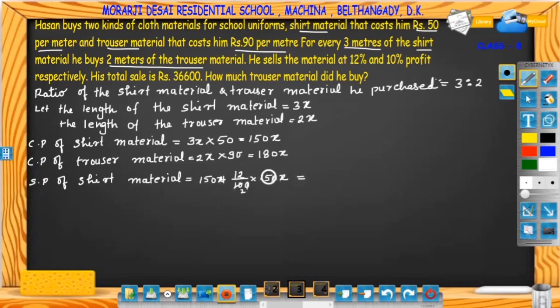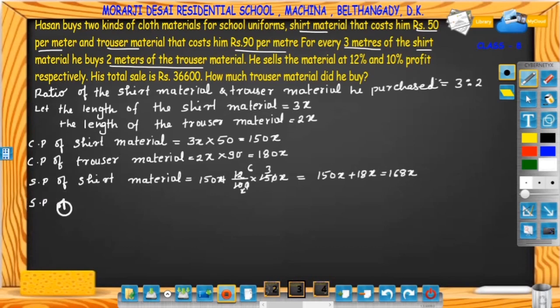So 150x plus 18x, that is 168x, is the selling price of shirt material.